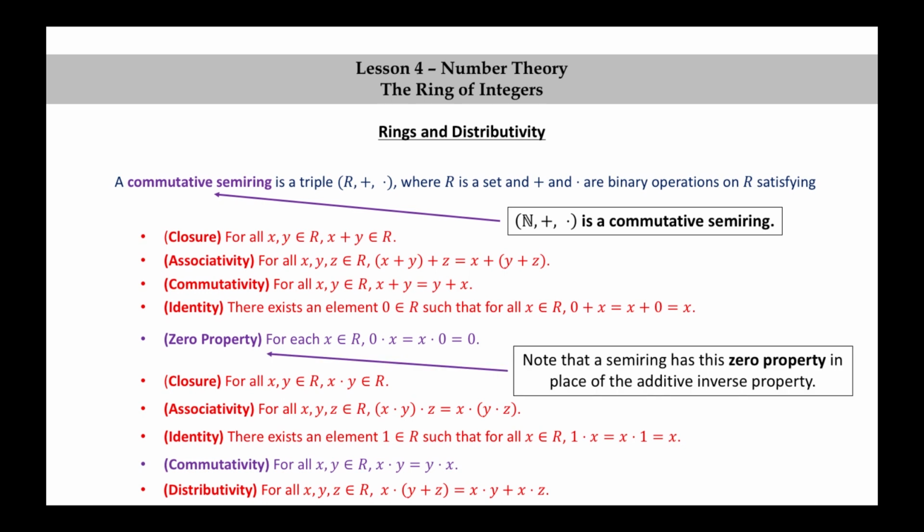Okay, so a semi-ring has this additional property. Note that rings also have this property. It's just not listed explicitly as an axiom, but it follows from the axioms. When we take away the inverse property for addition, we inadvertently take away this zero property as well, and we would like to include that in the definition of a semi-ring.